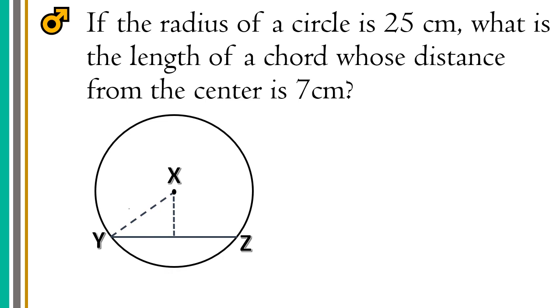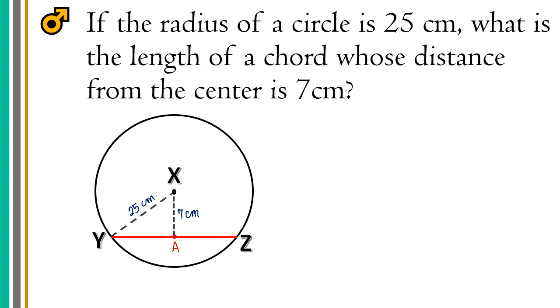So here for our radius, it's mentioned it's 25 centimeters. And for our distance of the chord from the center of the circle, we do have 7 centimeters. And now, we are asked to find out the measure or the length of the entire chord. As you can see, we do have the line segment X, and let's say I'm gonna name it as point A. Okay, so we have the line segment XA.